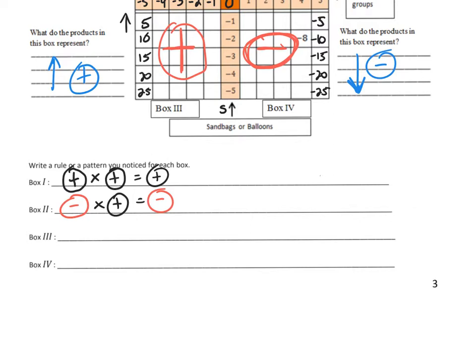If you multiply a negative factor times a negative factor, you will have a positive product. And last, if you multiply a positive times a negative, you will have a negative.